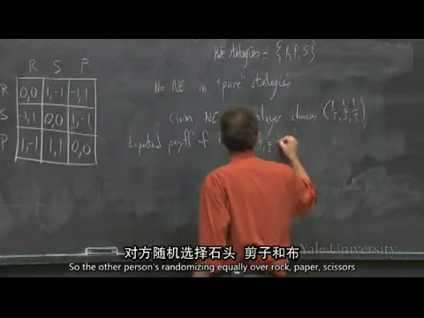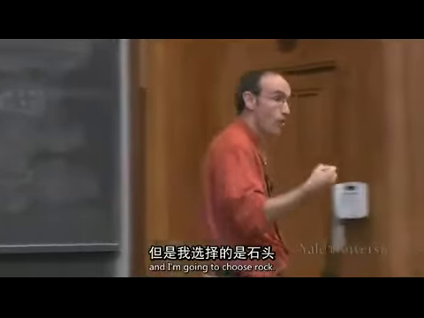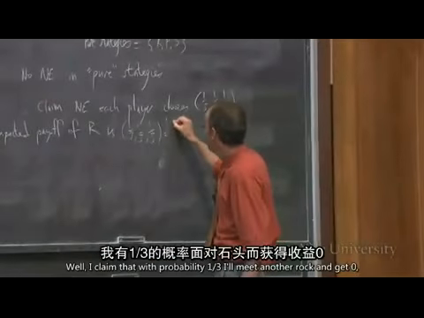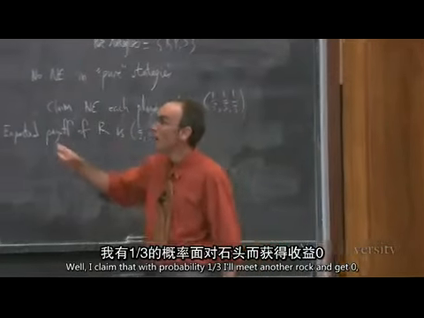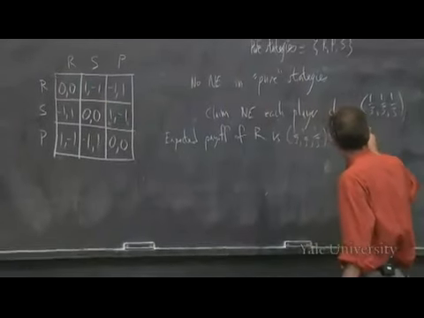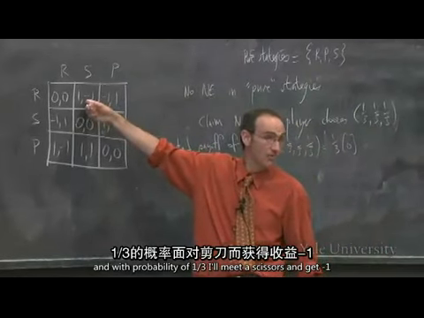The other person's randomizing equally over rock, paper, scissors, and I'm going to choose rock. What would be my expected payoff? Well, with probability a third, I'll meet another rock and get 0. And with probability a third, I'll meet a scissors and get -1.